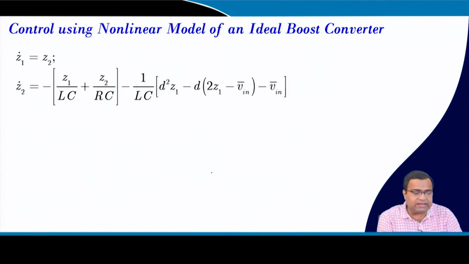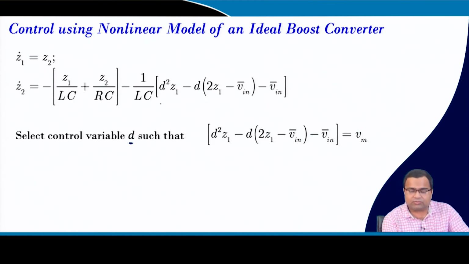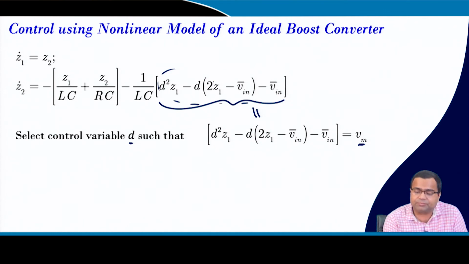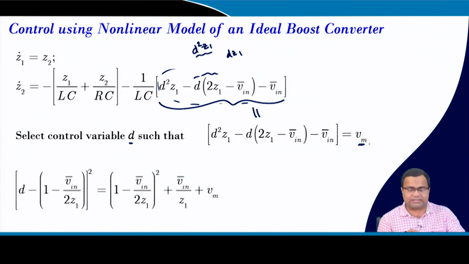Then what we did, Z1 dot equal to Z2, this is the model. So, select the control variable D such that this quantity can be replaced by Vm, so that there is no nonlinear function, because the product of D squared and Z1 is a nonlinear term, right. D into Z1, which will come from here, is also nonlinear, and the input voltage offset we want to eliminate. So, we want to make a linear combination.